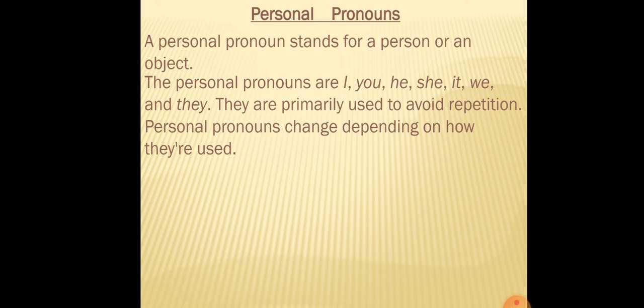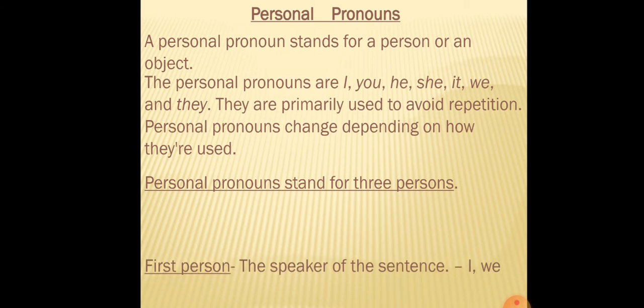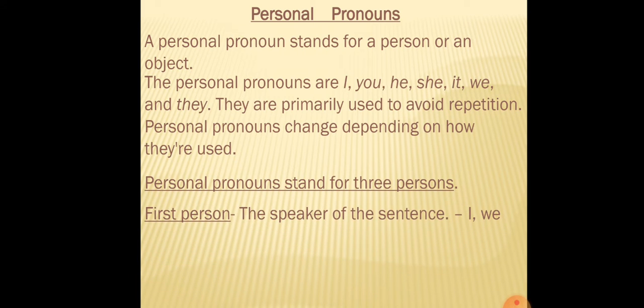Personal pronouns change depending on how they are used. Personal pronouns stand for three persons, that is, the first person, second person, and third person. First person. The speaker of the sentence is referred to as the first person. We can use the pronoun I or we for the first person.